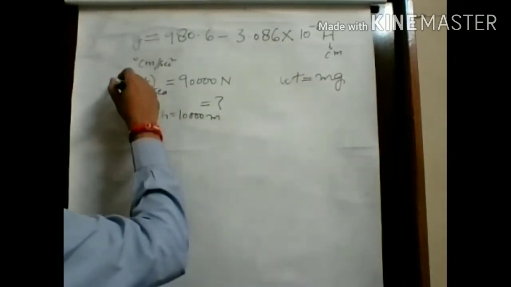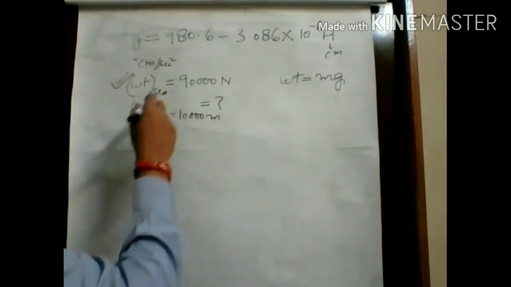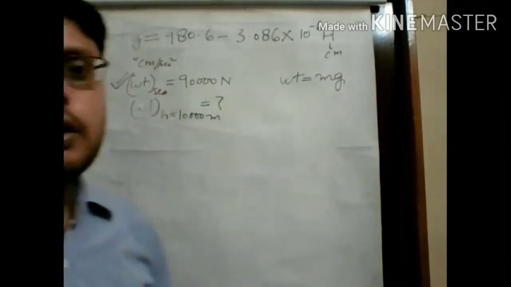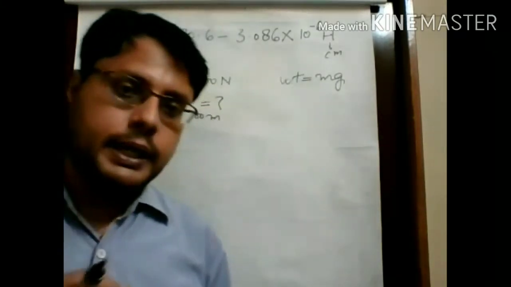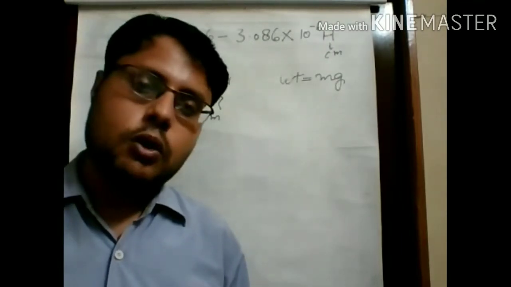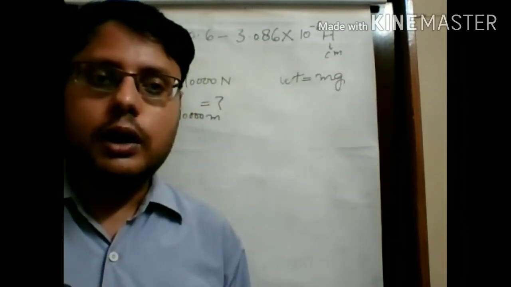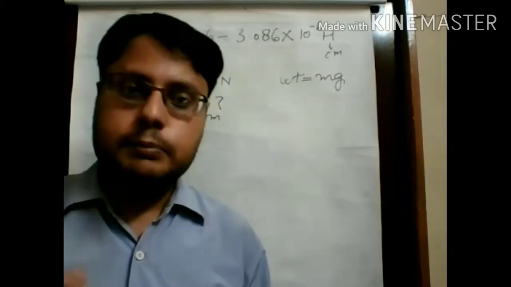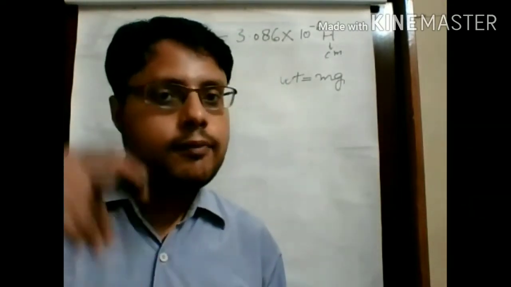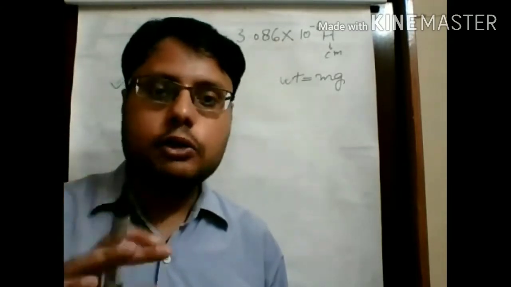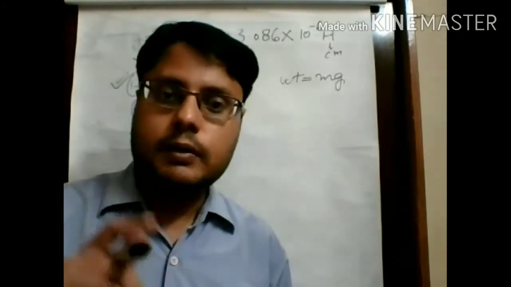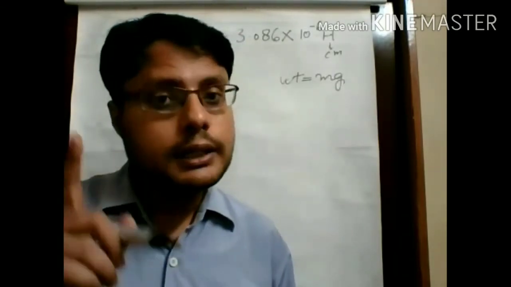So we consider the weight of this plane at sea level, because we know that the mass of that plane will not change. Mass is always conserved. It doesn't matter whether this plane lies at sea level or flies at a height of 10,000 meter. Weight can change, but mass is always conserved.